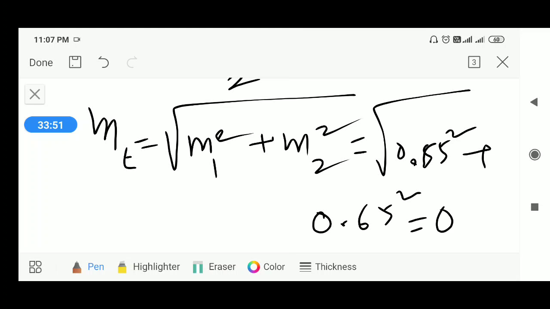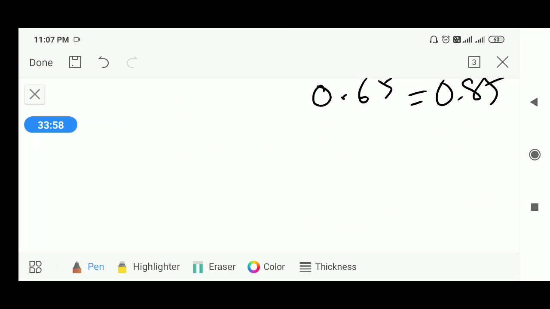The value is 0.85. So mt is equal to 0.85.